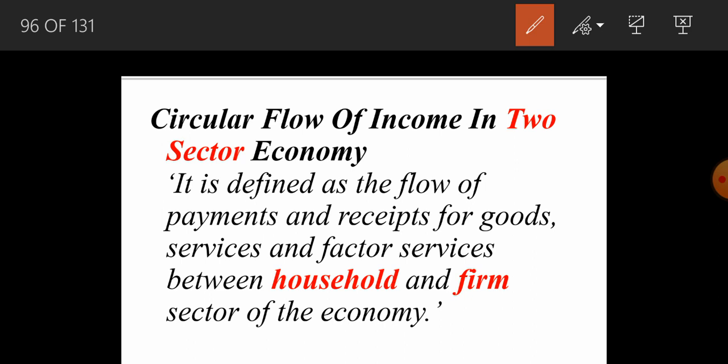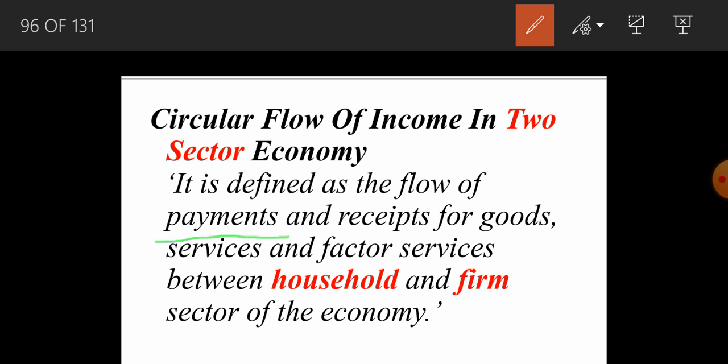So what does it say? It is defined as the flow of payment and receipts of goods and services and factor services between the household and firm sector of the economy. So there is definitely a flow of payment.